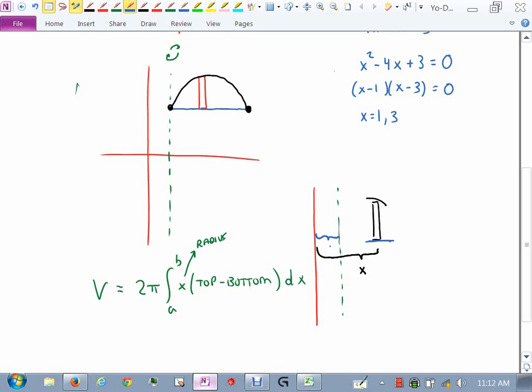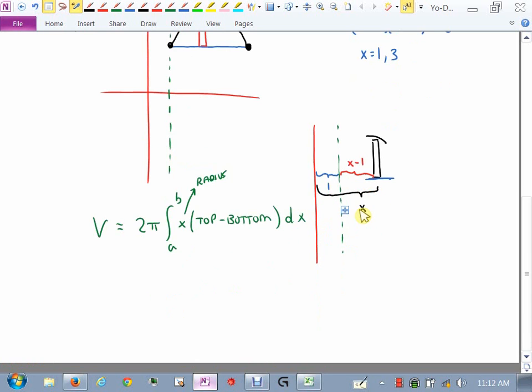It's 1, right? So what is the distance from here to here? X minus 1. Isn't it? It's that distance x, then take away 1, it's x minus 1. Is that what you had in yours? Yes? Okay. So x minus 1 is our radius.